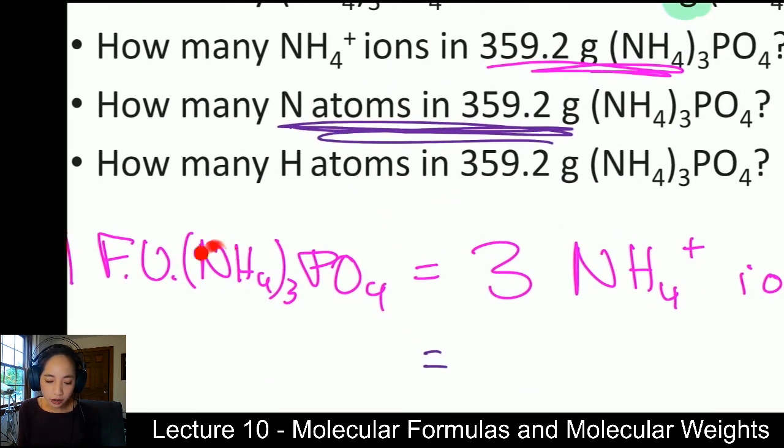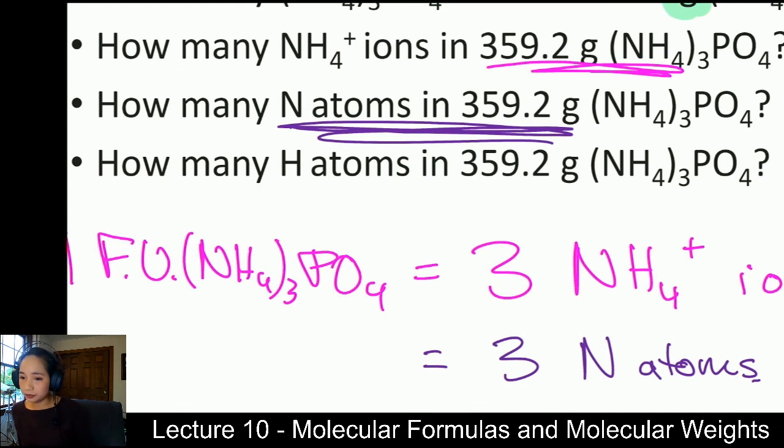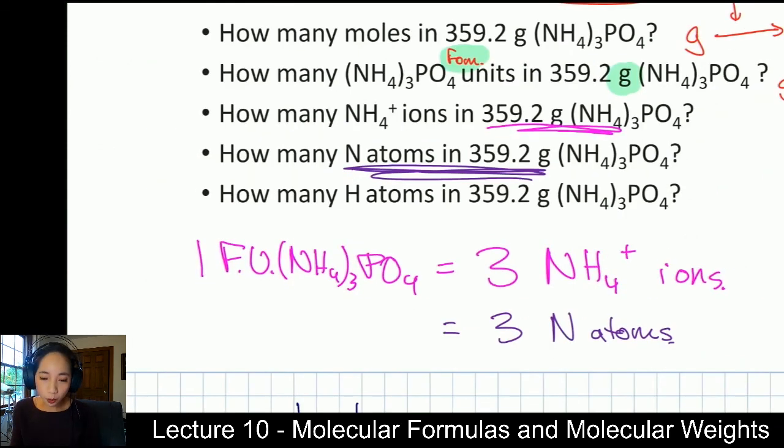I've only written a one subscript implied on this nitrogen, but remember this whole thing is multiplied by 3. So there are actually 3 nitrogen atoms present in that chemical formula. So every 1 unit of ammonium phosphate, there are 3 nitrogen atoms.